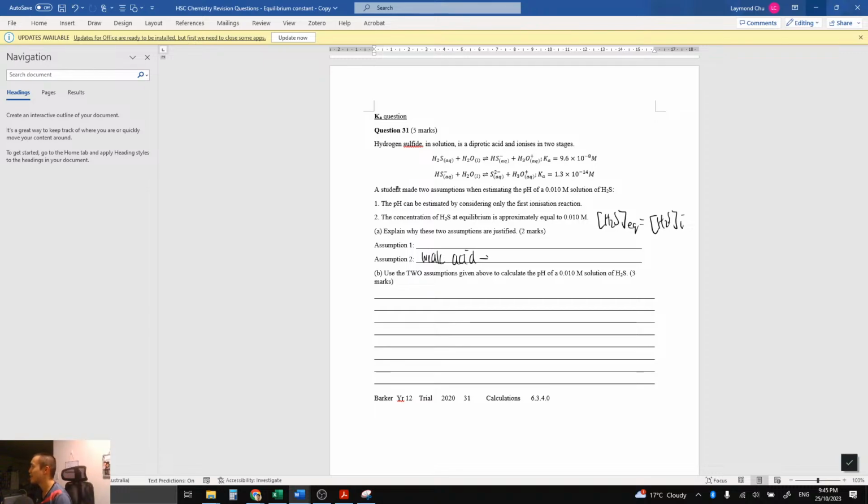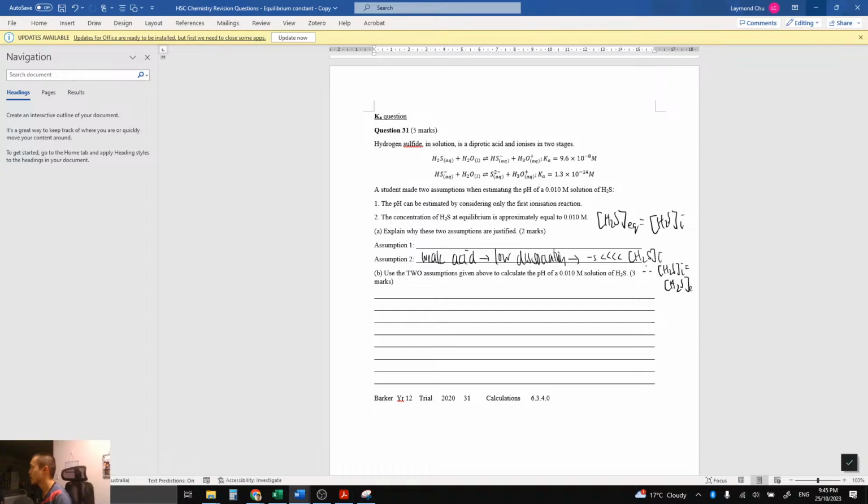It's a weak acid. That means it's got a low dissociation, meaning your S value, so when you do your minus S, S is less than the initial concentration. So therefore, as a result, you can say that to be true.